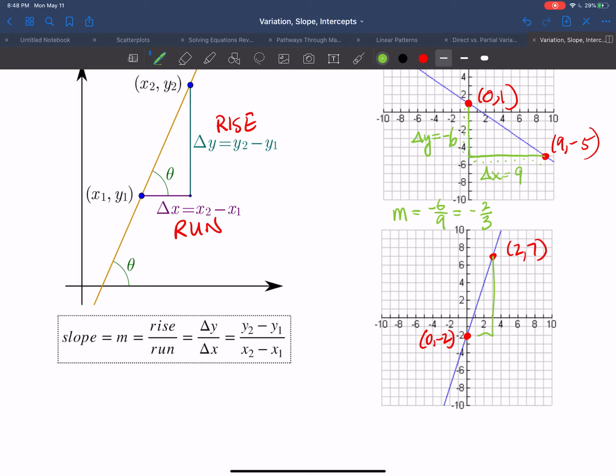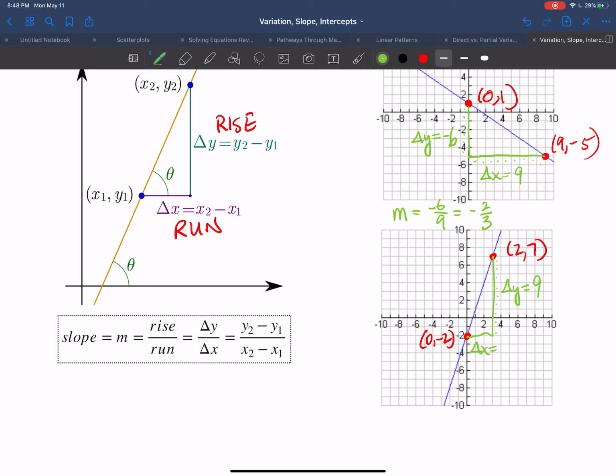Now let's draw a triangle to figure out our delta y and our delta x. So our vertical distance, the delta y, is 1, 2, 3, 4, 5, 6, 7, 8, 9. I counted down, but it's okay because it's going to be positive because the line is increasing from left to right. It's going up. So I'm not going to get a negative number.